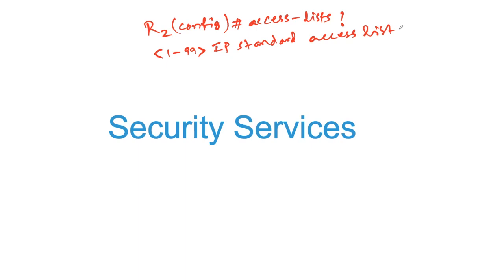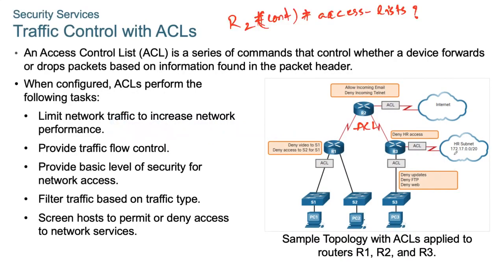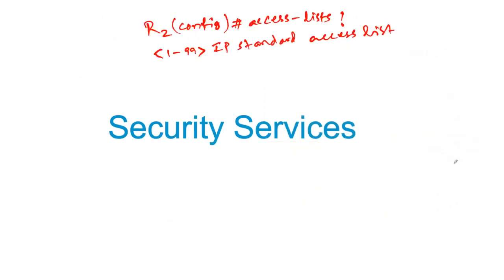That means in our HR team, in the previous slide which we have seen, the number is given to this host address, 172.17.0.something. Then in that case, it will check within this standard IP access list whether that IP address from 172.17.0.0 is there or not. If they are there, they will be allowed. If not, they will be denied.